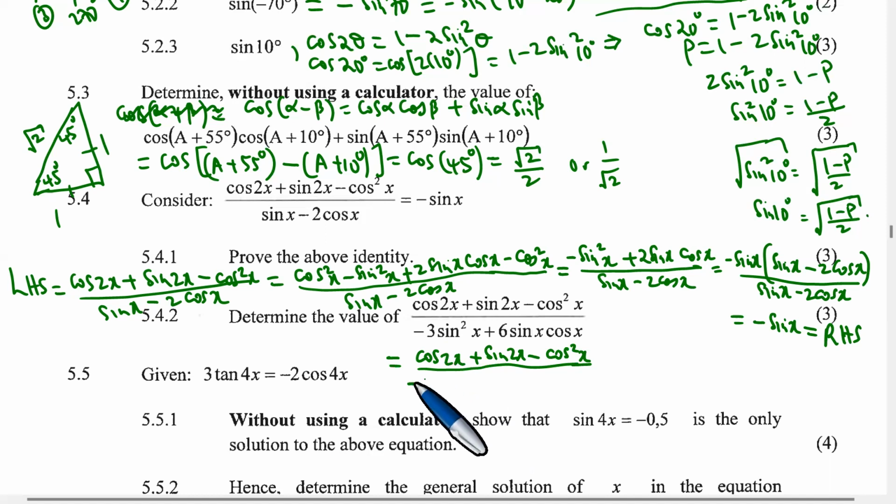Then you pull out minus 3 sine x as a common factor. Here you're left with sine x. Here you're left with minus 2 cosine x.